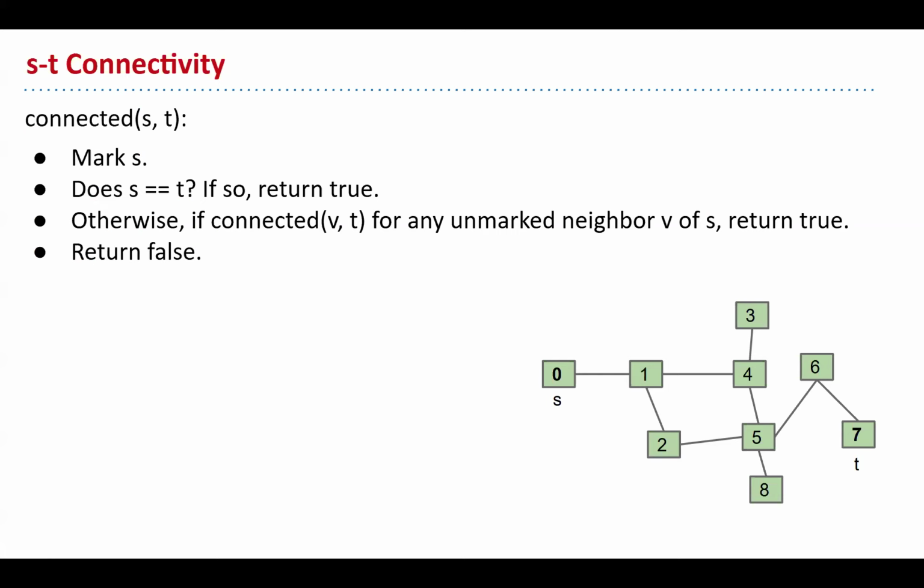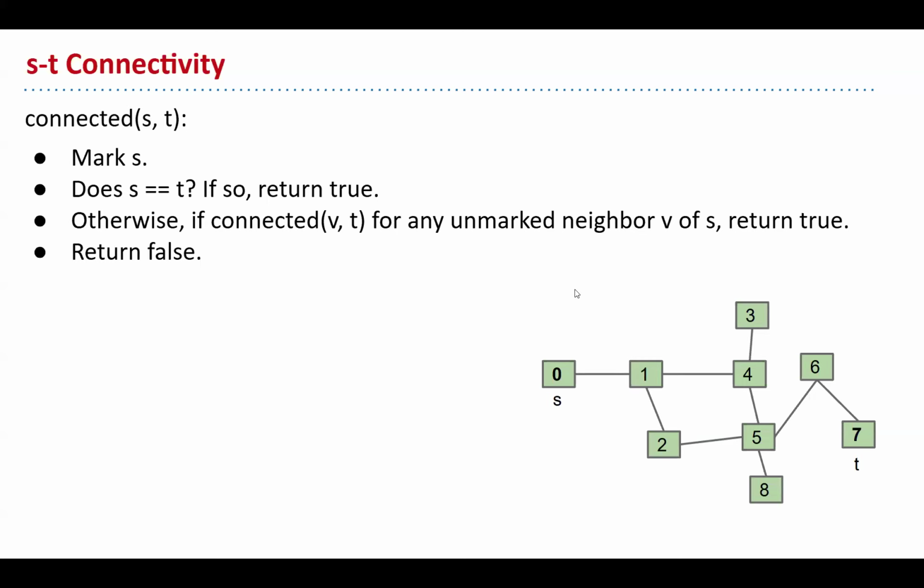If it is, we're done. We've found a path. Otherwise, we go to every unmarked vertex neighbor and just call connected on each one. And if any of them return true, then we have found a path and we have successfully managed to find that there exists some path. It might not be the best path, but at the very least, it is some path, and we know that it is connected.